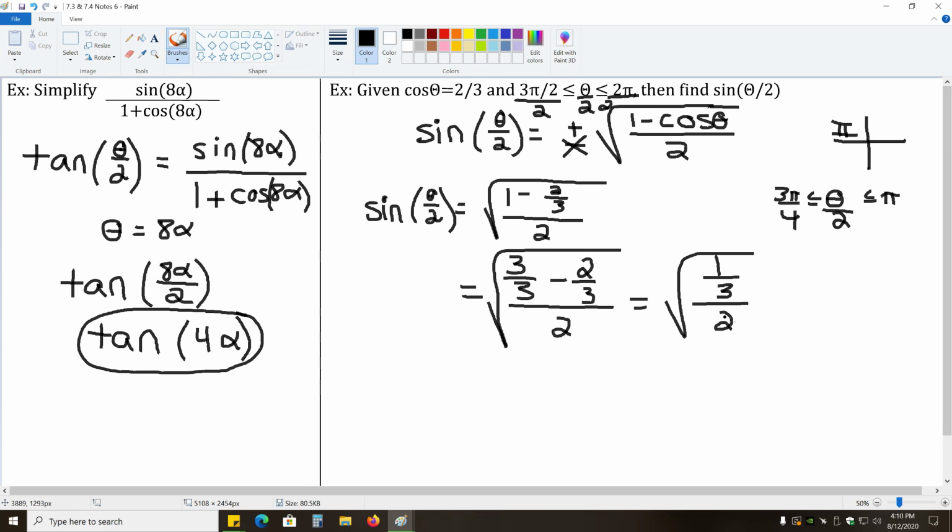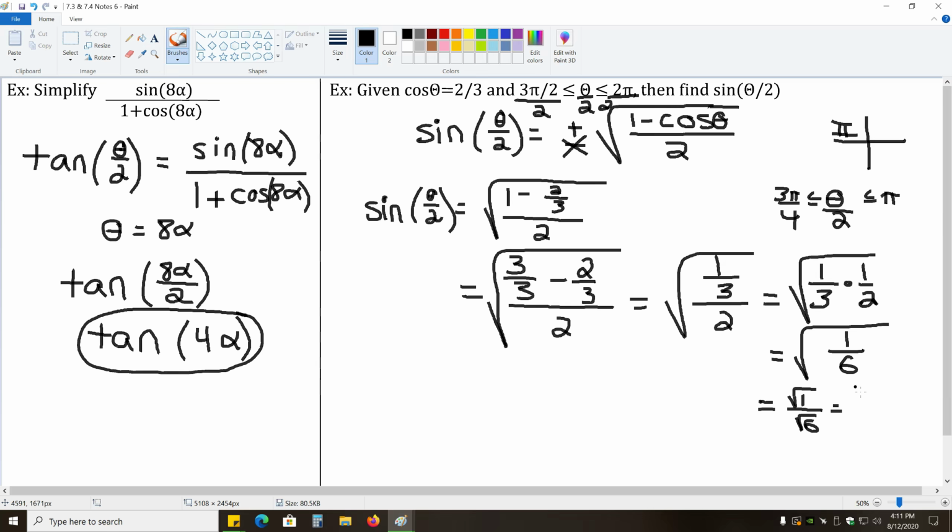And finally, dividing by 2 is the same thing as multiplying by 1/2. So we get the square root of 1/6. And now we can just quickly rationalize. The square root of 1/6 is the same thing as the square root of 1 over the square root of 6.